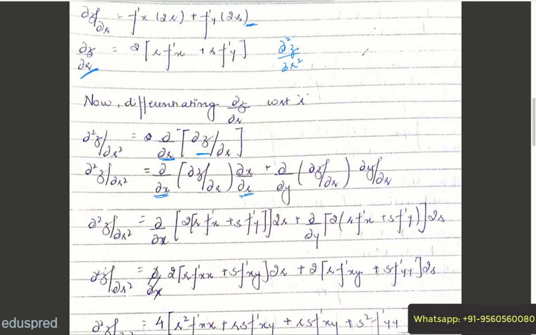So you have z, which is in terms of x and y, and x is in terms of r and s, and y is also in terms of r and s. If I differentiate it, I will get del z by del x, and here I will get del x by del r. Similarly you can fill in all the arrows.